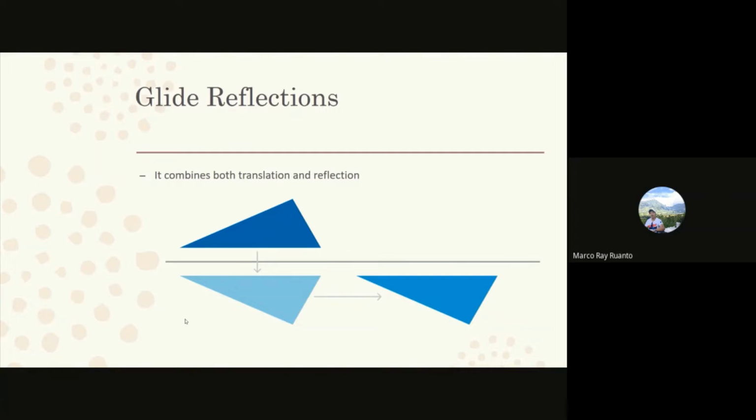So again, first there is reflection, then the translation, and the movement of the translation is always parallel to the axis of reflection. So this line here, the movement is parallel to this one.